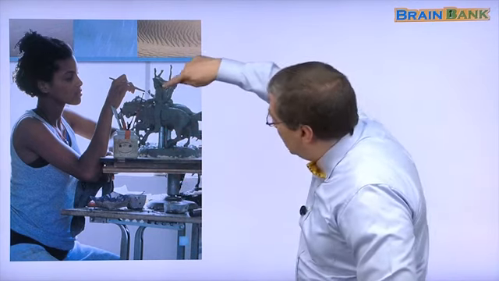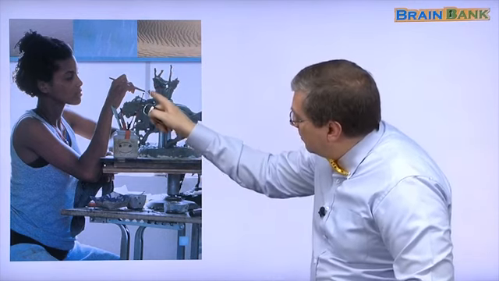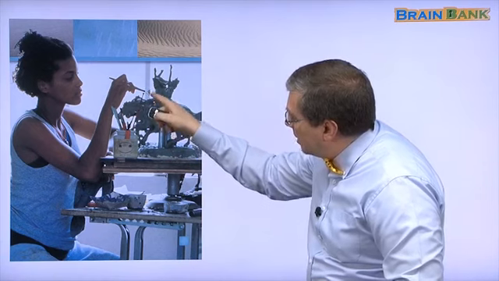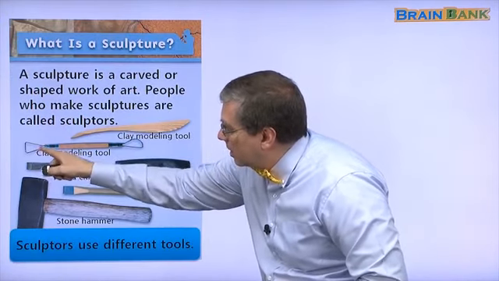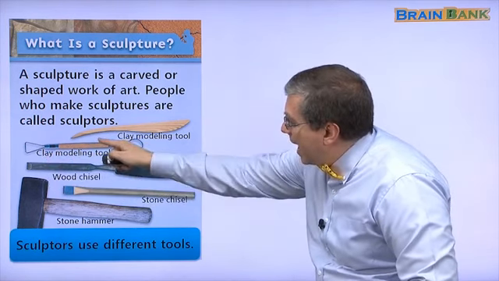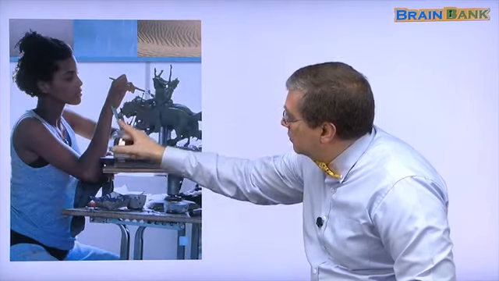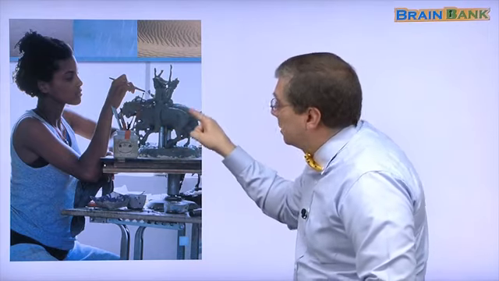Here it is. It looks like the tool we saw before. This shape on the end is the same shape as this one here. And this is a clay modeling tool. That's what she is using here. So, we can know this material is clay.